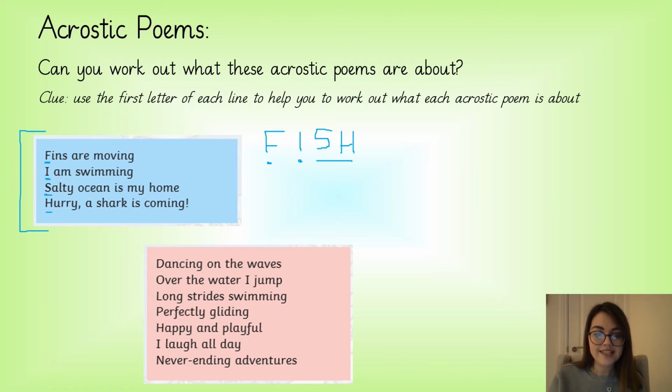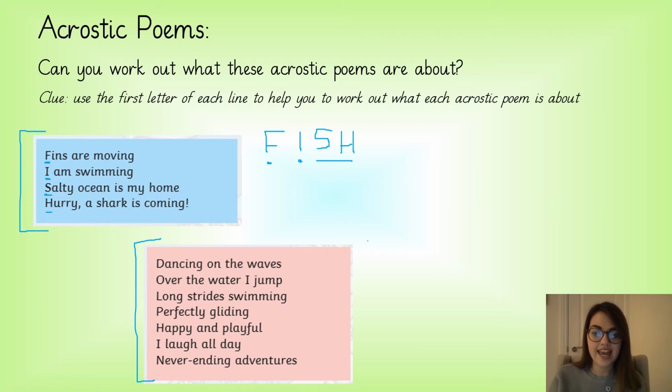Let's look at our second one. We've got dancing on the waves, over the water I jump, long strides swimming, perfectly gliding, happy and playful, I laugh all day, never-ending adventures. Are we ready? Look at the first letter on each line.